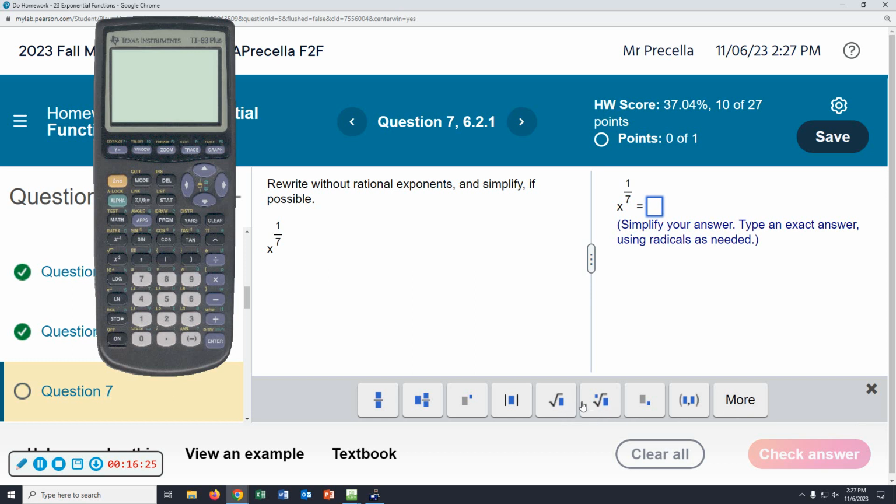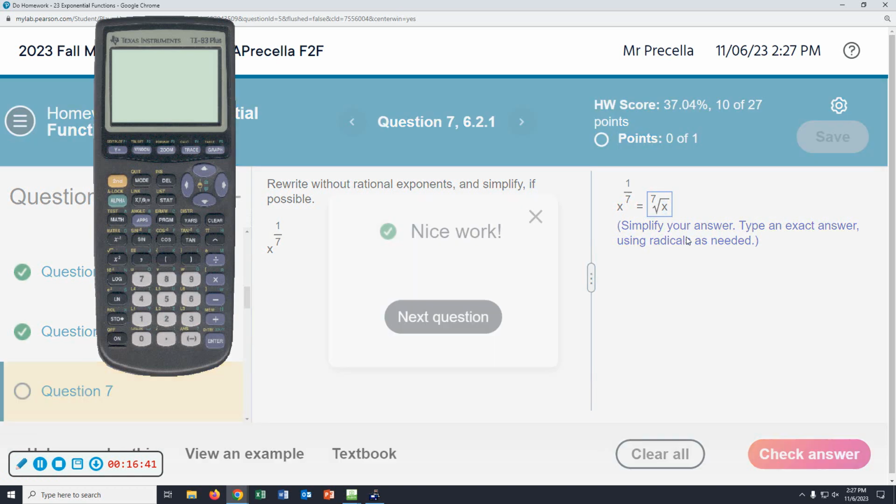Look at the one beside it. It has that little blue box up there for the index. That little 7 is the index on the radical. We type the 7, and then underneath the radical we type the x.